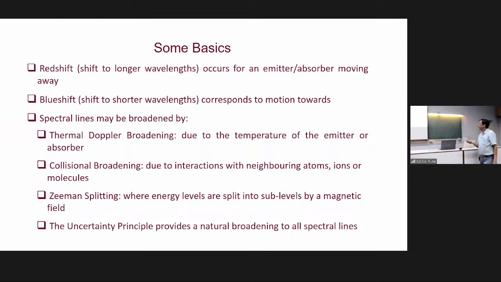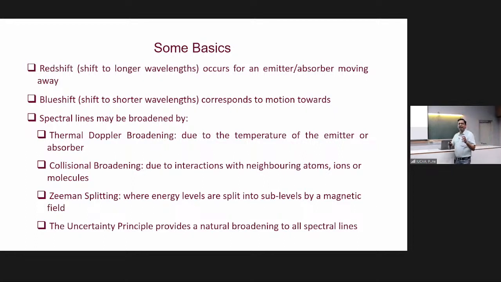Then we can have broadening because of Doppler broadening, which is because of the temperature. The absorbing atoms are moving in a zigzag manner, so that will broaden the lines. Then we can have collisional broadening.